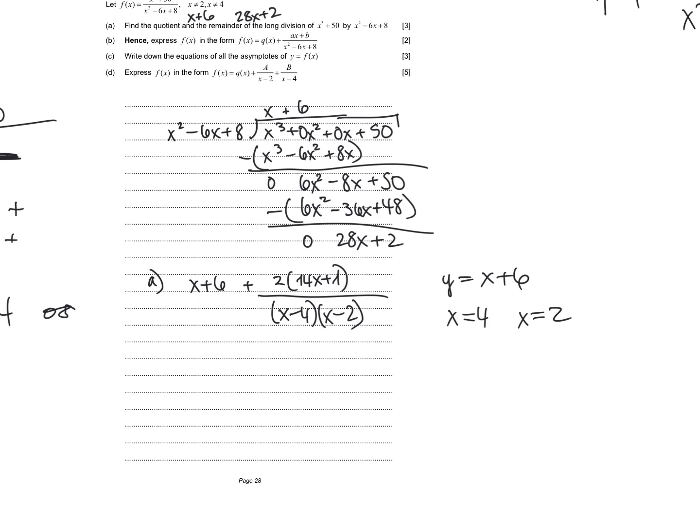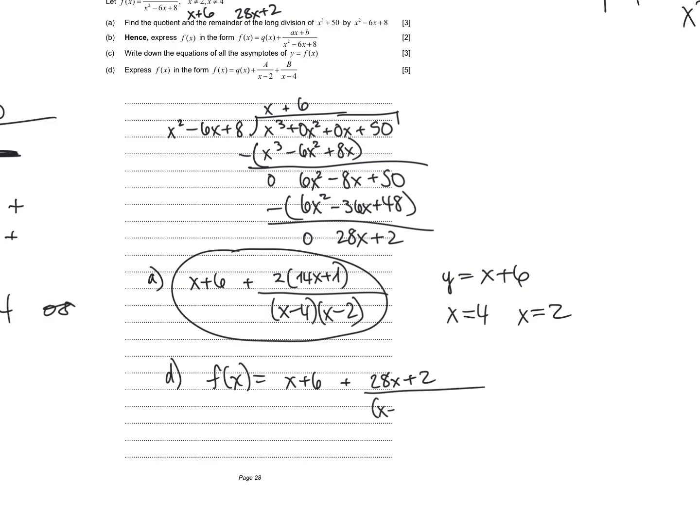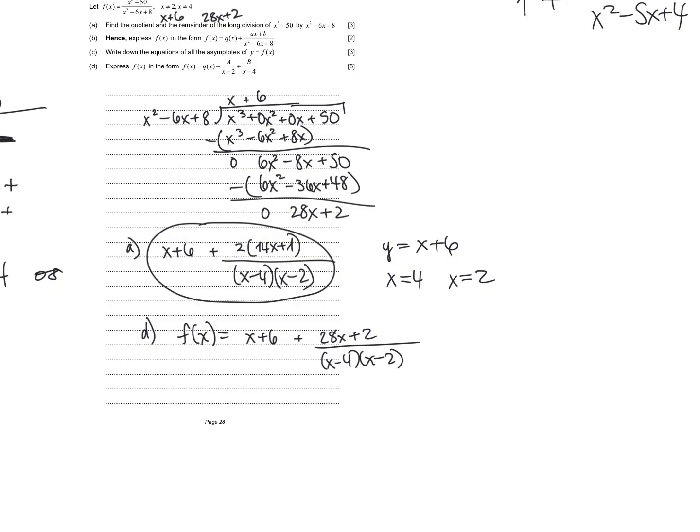Okay, D, last thing, we want f at x. So this is f at x here. X plus 6 plus, all right, I'm just going to write it back out, 2 times 14x plus 1 over x minus 4, x minus 2. And we want to write that in this form. So x plus 6 plus a over x minus 4 plus b over x minus 2.